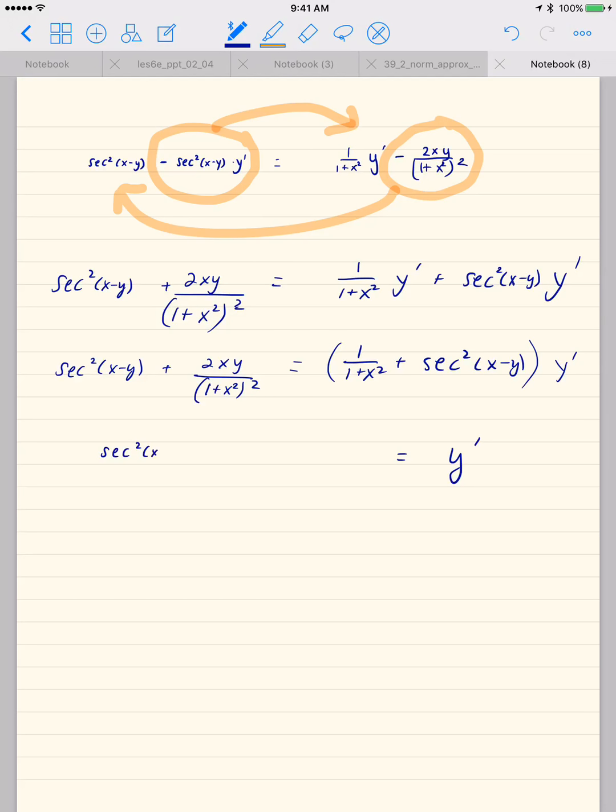Secant squared x minus y plus 2xy over 1 plus x squared, quantity squared, divided by secant squared x minus y plus 1 over 1 plus x squared. Excuse me. And now, the fastest way to simplify it, I know, is to multiply the top and the bottom by 1 plus x squared.